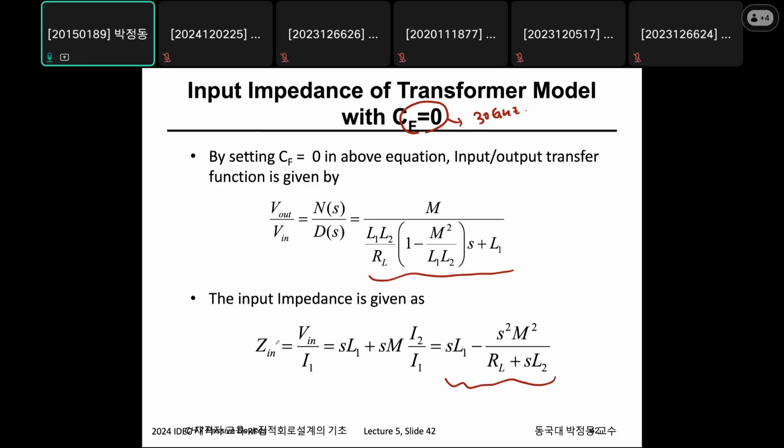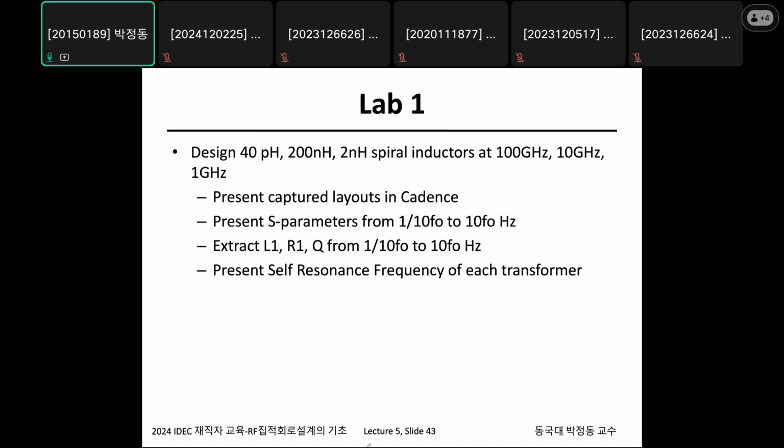Once you express input impedance in terms of L1, L2, and load, you can see the required impedance shown at the source. Source impedance should be in conjugate. That's actually the concept of matching.